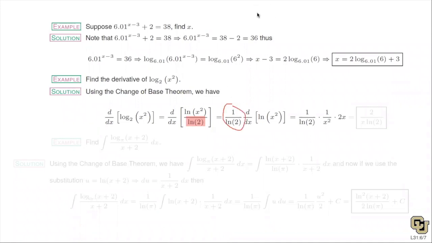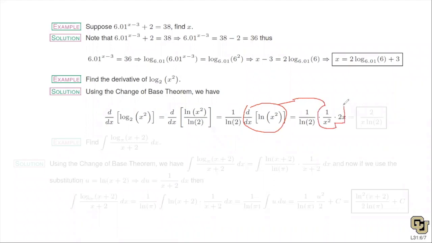And now I just need to do the derivative of ln of x squared. Remember, this is a composition of functions, so I need to do the derivative of the outside. The 1 over ln of 2 is this constant right here that I just copied. So I do the derivative of the outside, which is 1 over x squared, times the derivative of the inside.